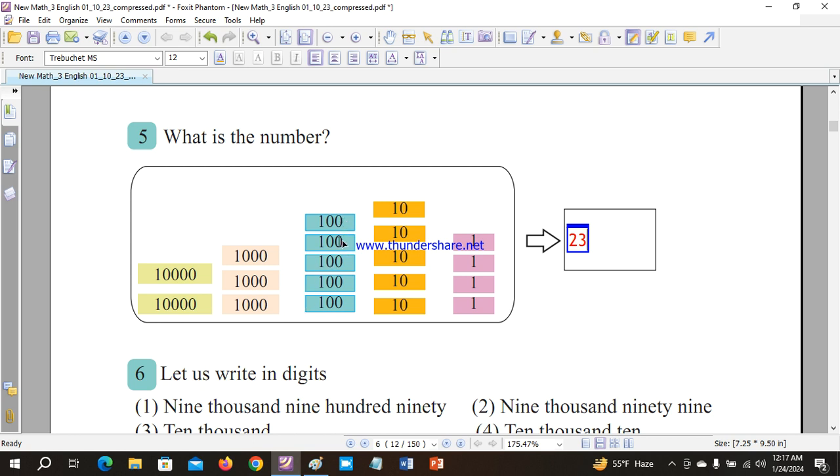Then 1, 2, 3, 4, 5, 500. 1, 2, 3, 4, 5 tens, and 1, 2, 3, 4 ones. So we can say 23,554.